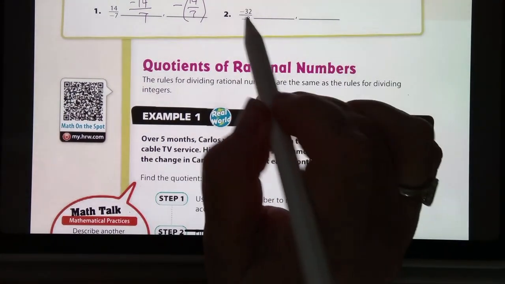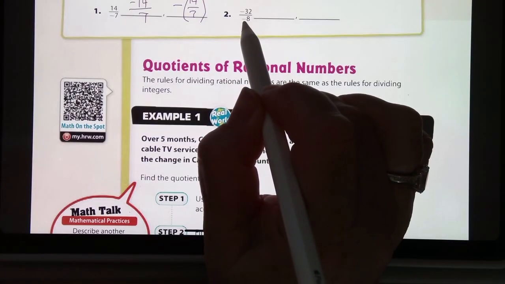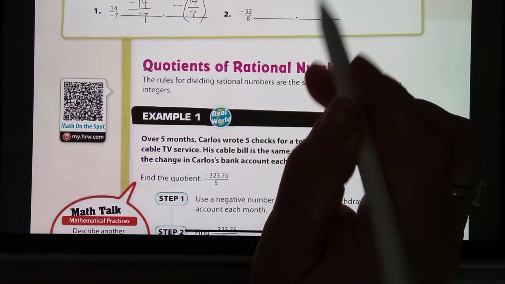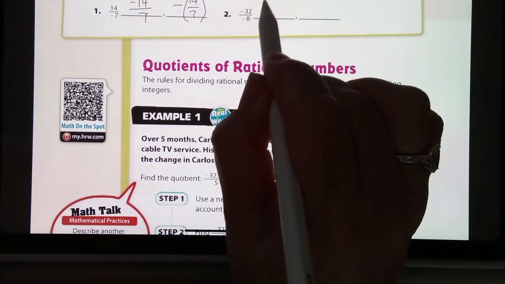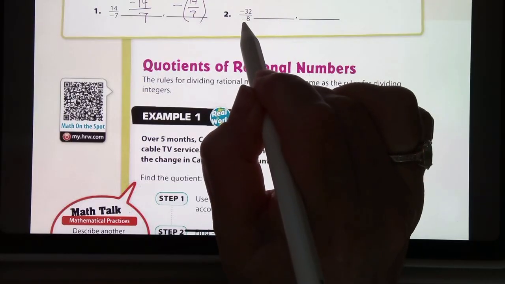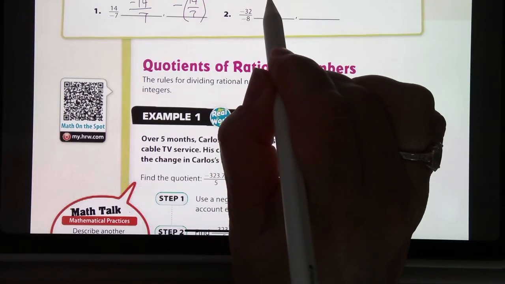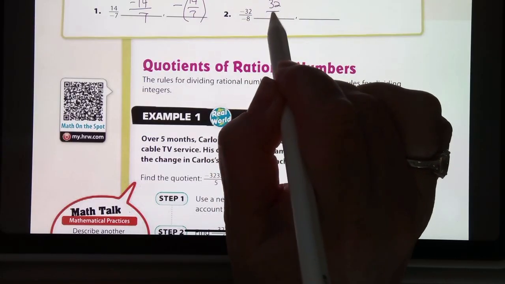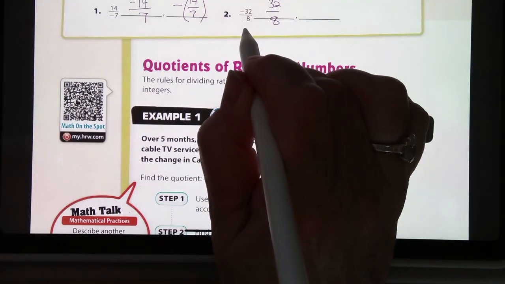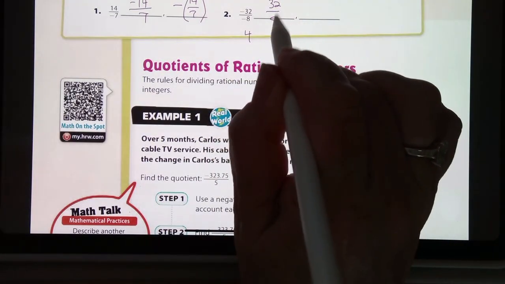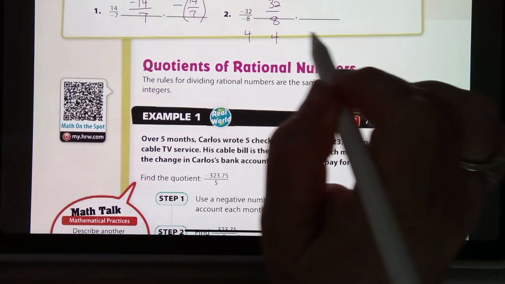So this one is a negative divided by a negative. Because a negative divided by a negative is a positive, that is going to be equivalent to 32 over 8, which is going to be 4. 32 divided by 8 is also 4.